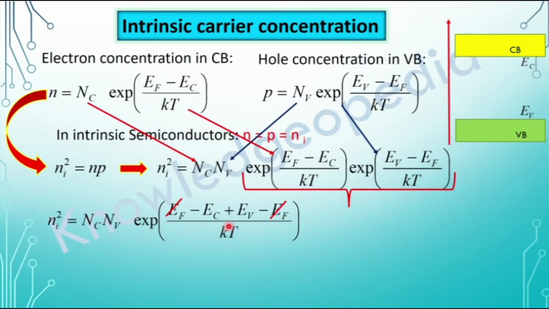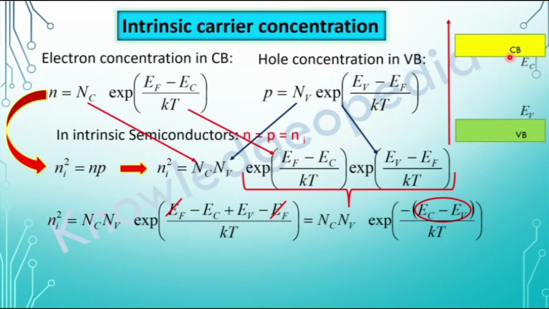Now Ni square is equal to Nc Nv exponential. In the numerator, if I take the negative sign common, then I will get Ec minus Ev. So it is exponential minus Ec minus Ev by kT. What is this Ec minus Ev?